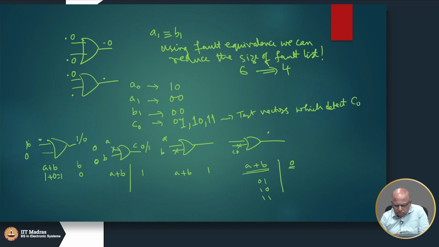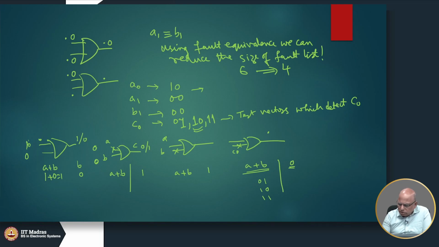So, there are three vectors 0 1, 1 0 and 1 1 that detect C 0, and it so happens that A 0 contains that 1 0, which is a subset. So, if you detect A 0 with a particular test vector 1 0, it will also detect C 0. So, there is no need to keep C 0 at all.